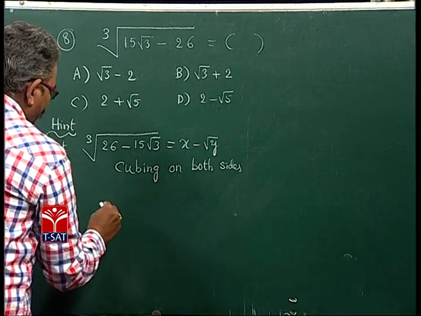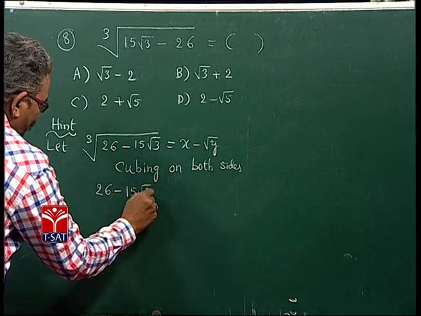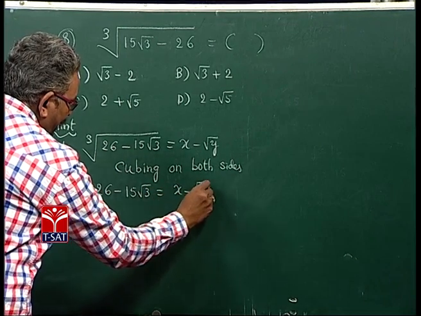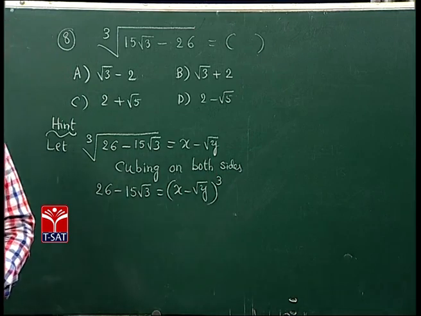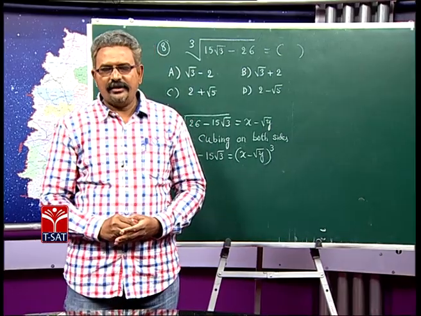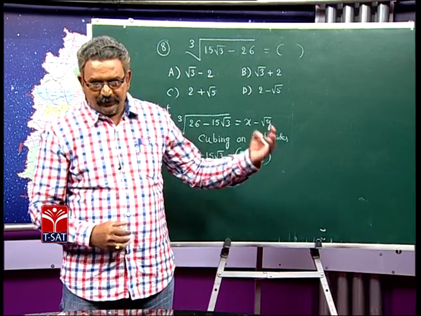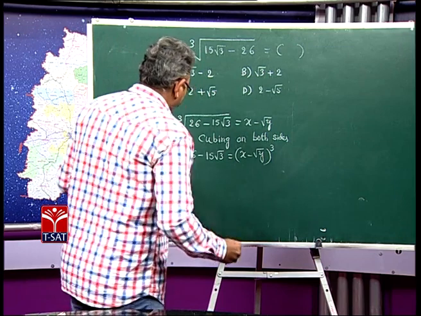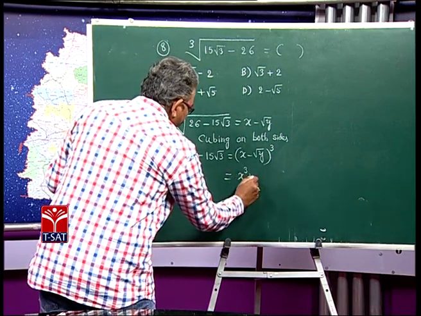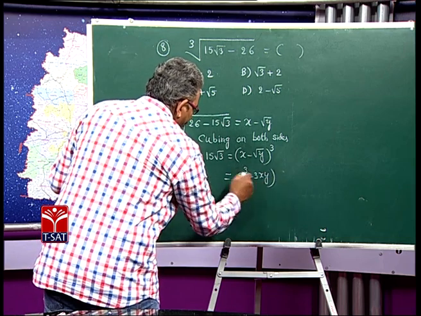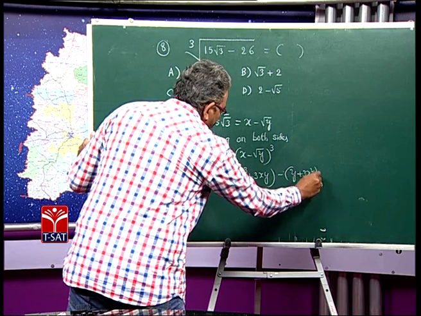So what do you get cubing on both sides? 26 minus 15 root 3 is equal to x minus root y whole cube. Already we have discussed in the previous episodes. So now this can be written x cube plus 3xy minus of y plus 3x square of root y.